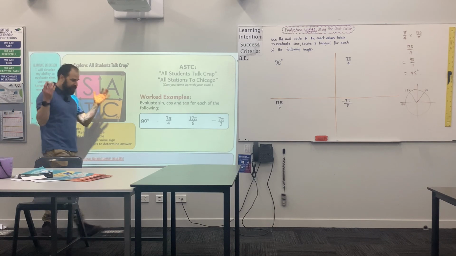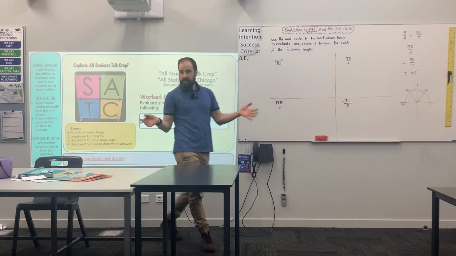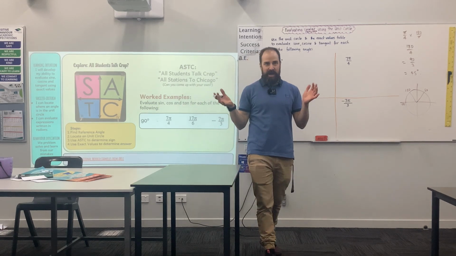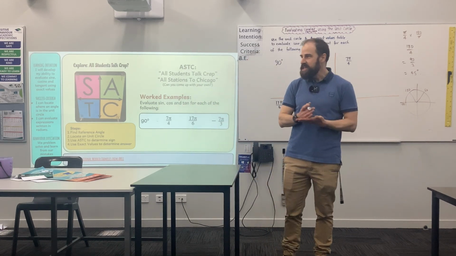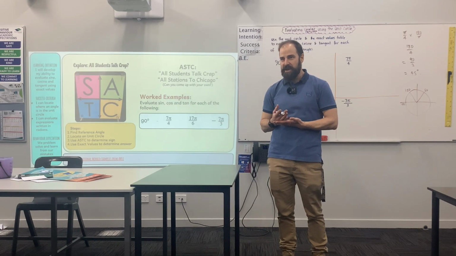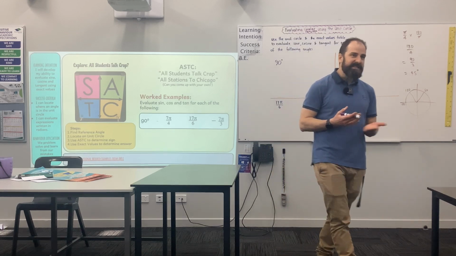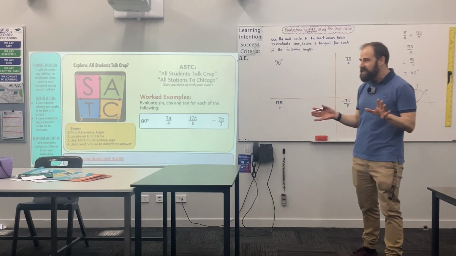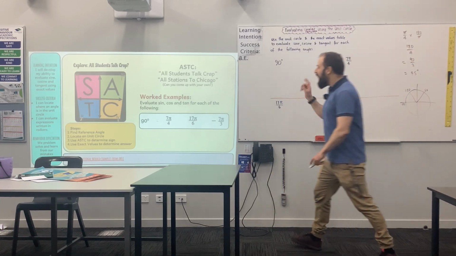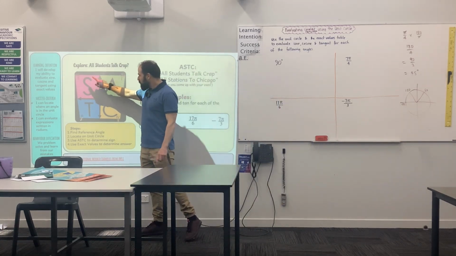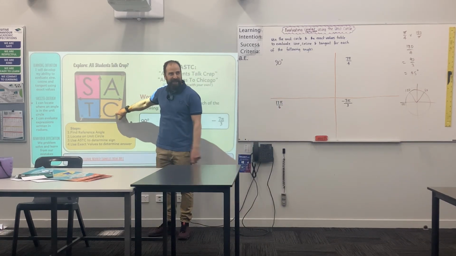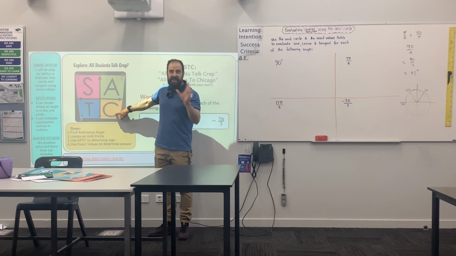If it is completely inappropriate, also perfectly fine if it helps it stick in your head, but I do not want to hear you say it out loud if it is inappropriate. There are some very inappropriate ones that I've heard in the past which are funny, but not okay in the classroom. However you remember it, all students talk crap. That is my go-to. You have to come up with your own.